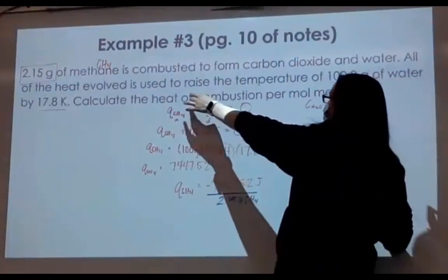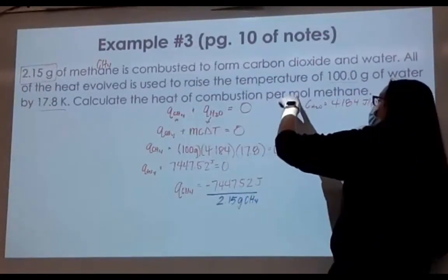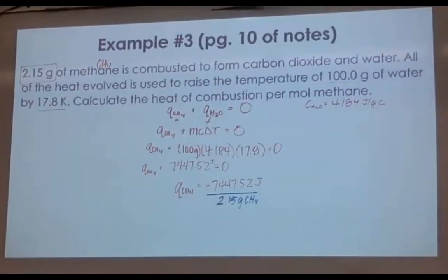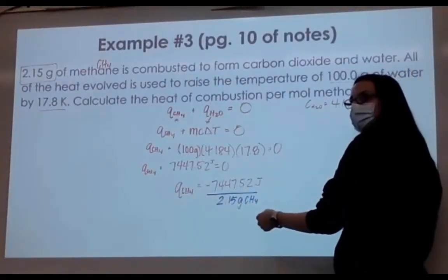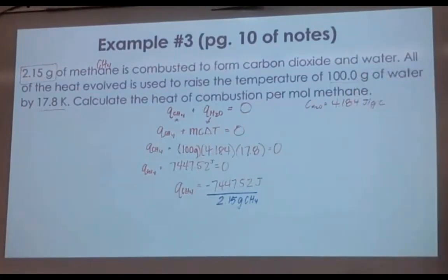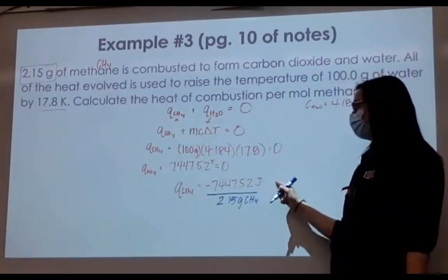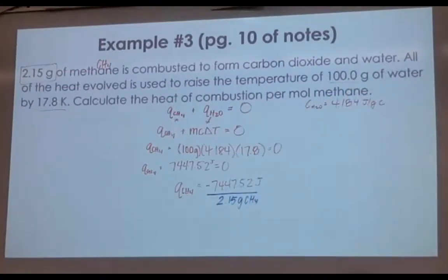This wants us to calculate the heat per mole. So instead of joules over grams, it wants joules over moles. Here's where the difference between Q and delta H comes into play. This is Q. Q is negative 7,447.52. Box your answer, there it is.